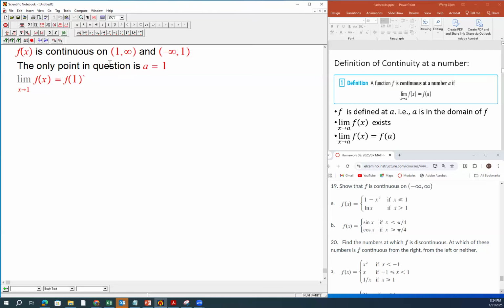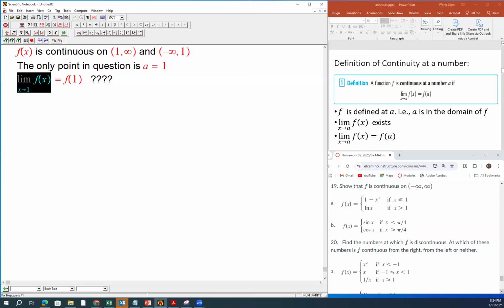That's all we need to prove. So this is in question. How do we approach this?